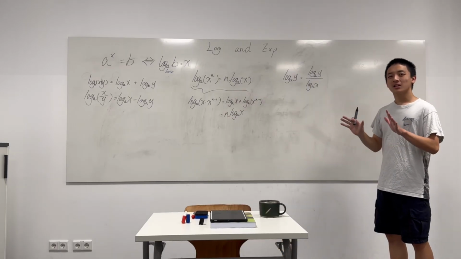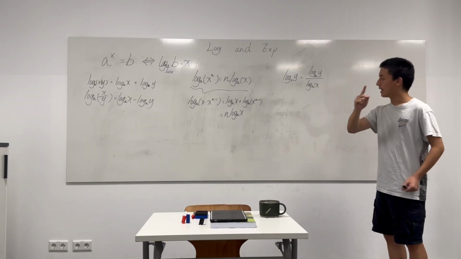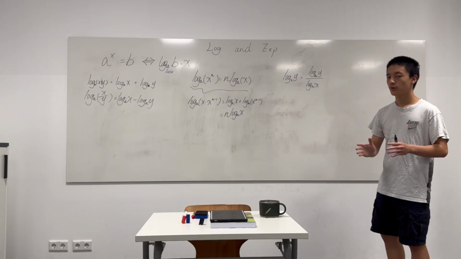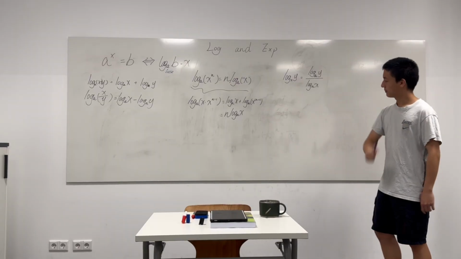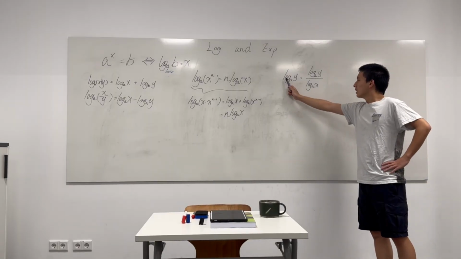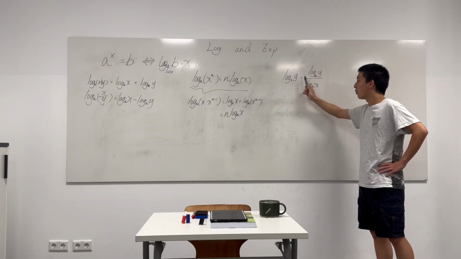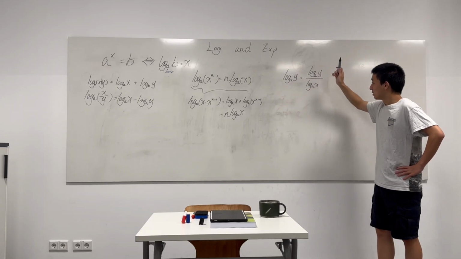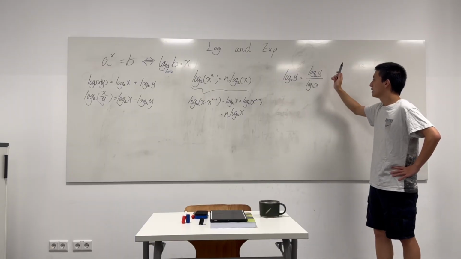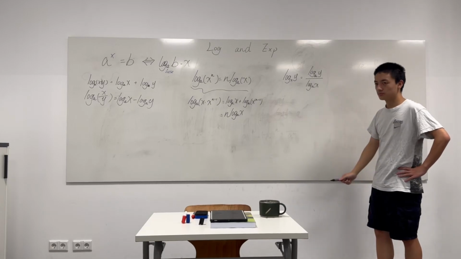This one is really complicated, so focus, pay more attention, and make some notes. Follow my steps. We can use the same method. It is that log base x of y is equal to log base a of y divided by log base a of x.